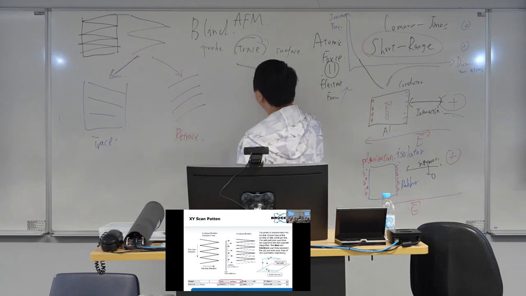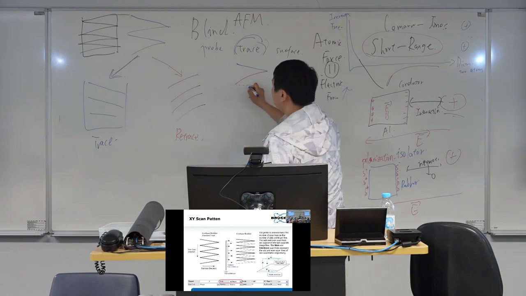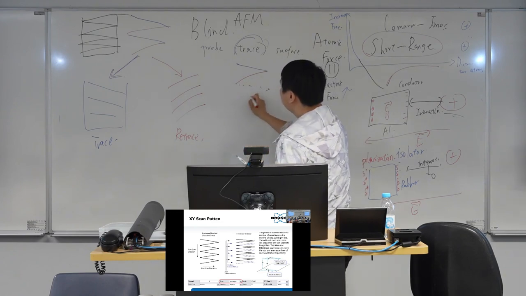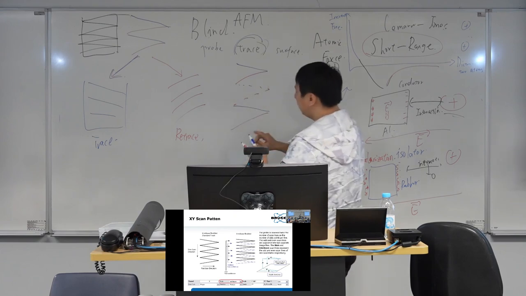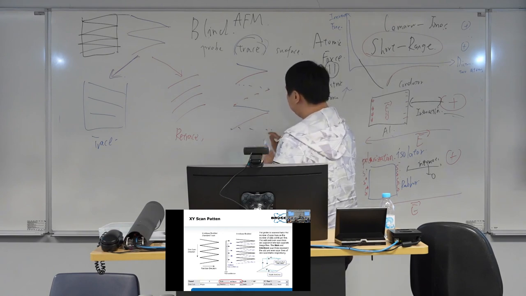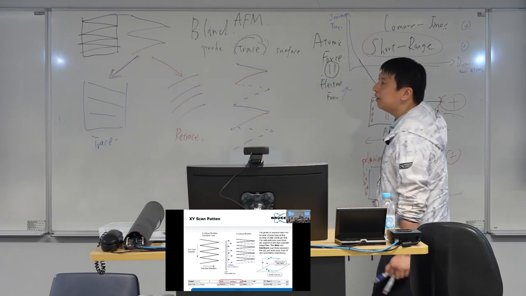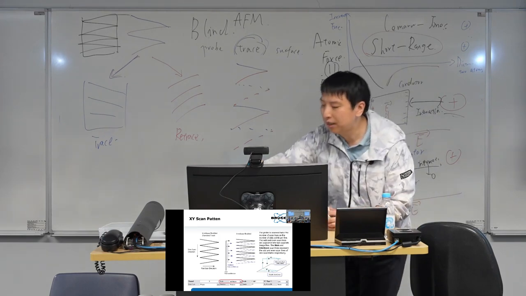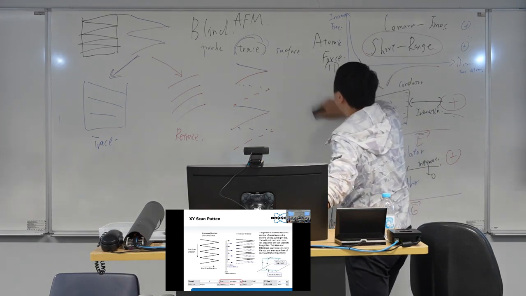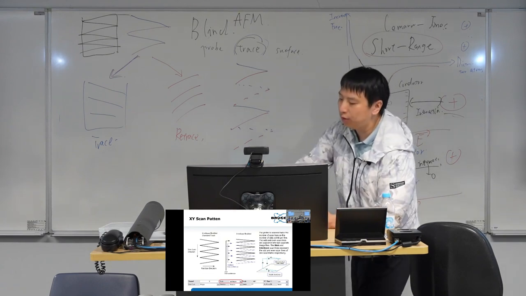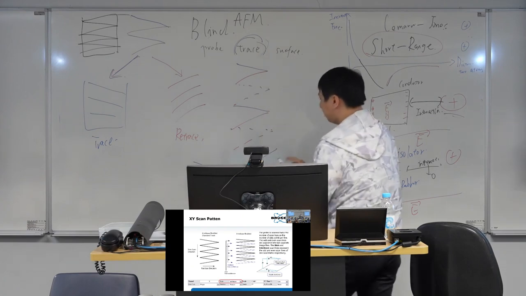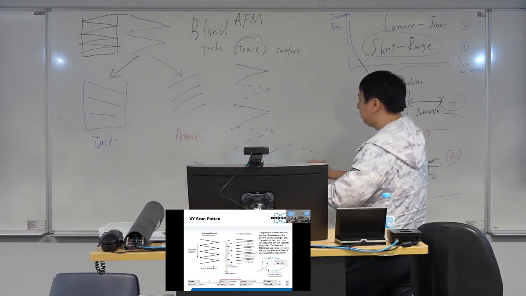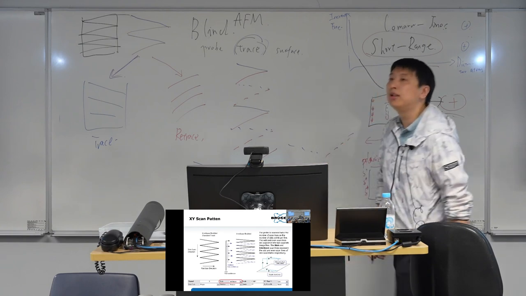We do a scan: trace, retrace, and the interleave trace, interleave retrace, trace, retrace, interleave trace, interleave retrace. Okay, and then we separate them. So at this time, how many frames should we have? We should have 4. One is trace, one is retrace, one is the interleave trace, one is interleave retrace, correct?